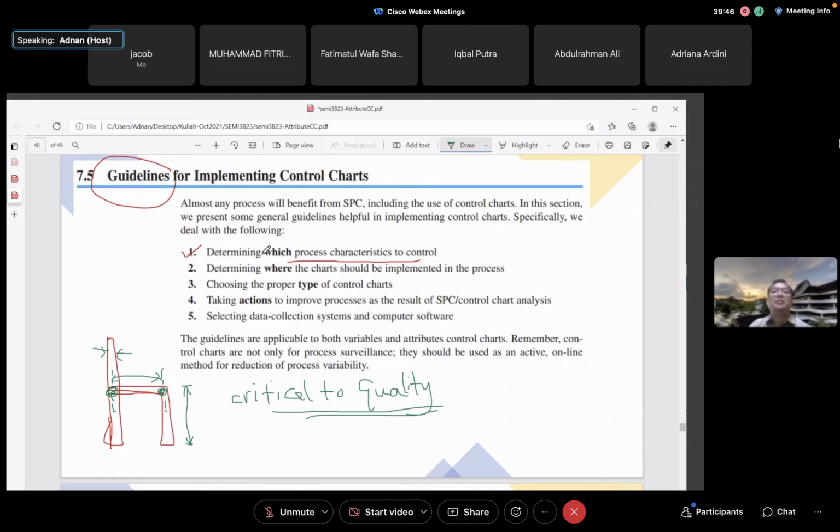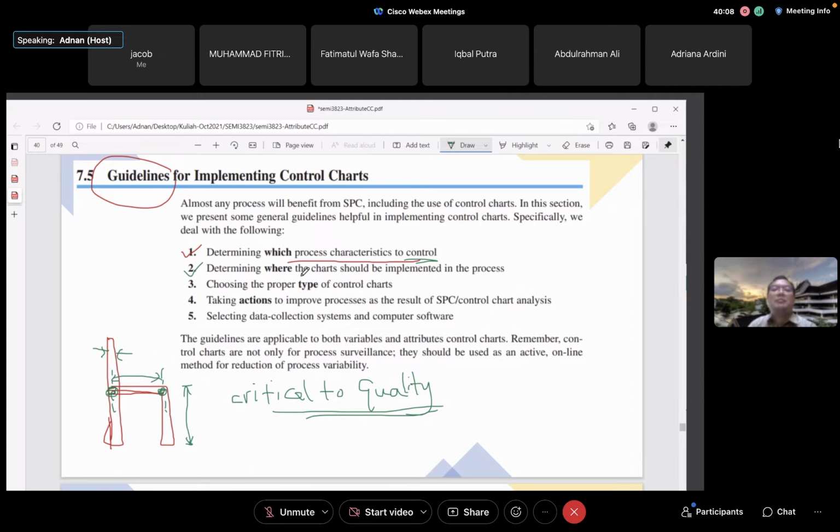So determine which process characteristic to control, because before it becomes a chair, it goes through different stages in the process. What type of chart is more suitable? It can be confusing, especially for a new person who wants to implement this. Then you determine where the chart should be implemented.